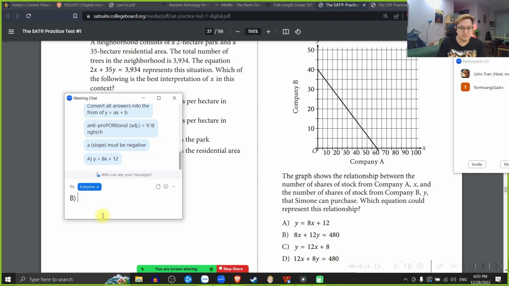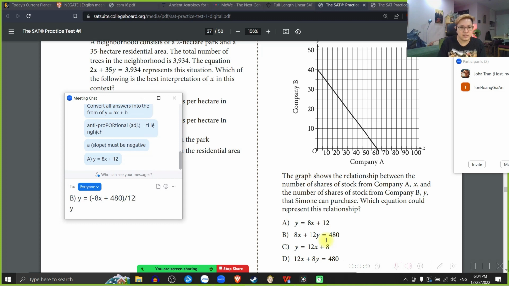So how about B? B, if you convert it, it's going to be minus 8x plus 480 divided the whole thing to 12.